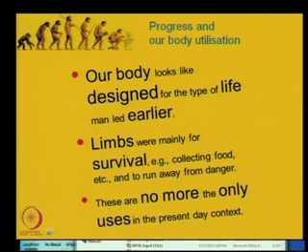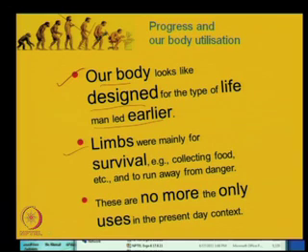Now, earlier we said that progress created some problems also. If we look at progress and our body utilization, we can say that our body looks like it was designed for the type of life man led earlier.